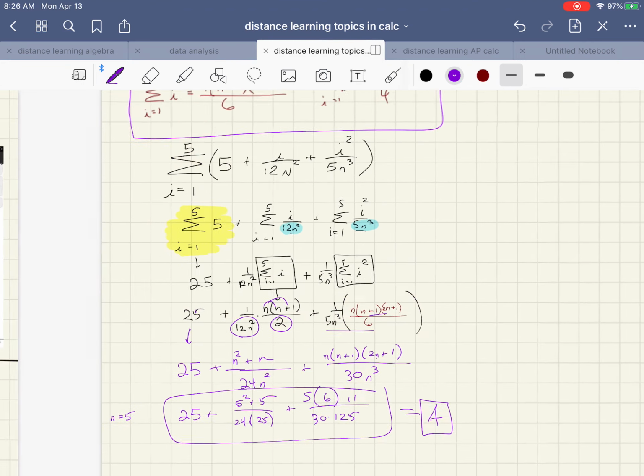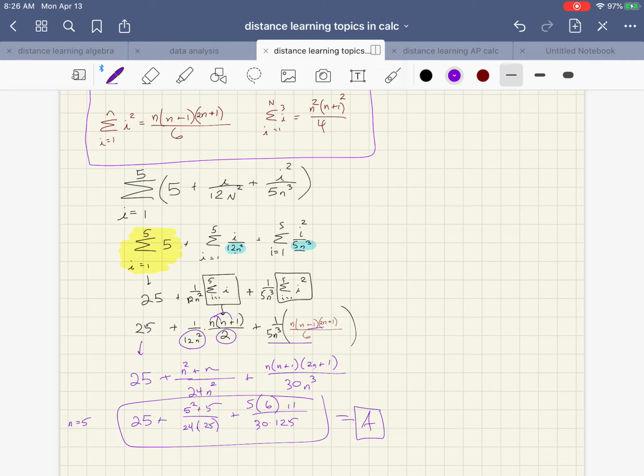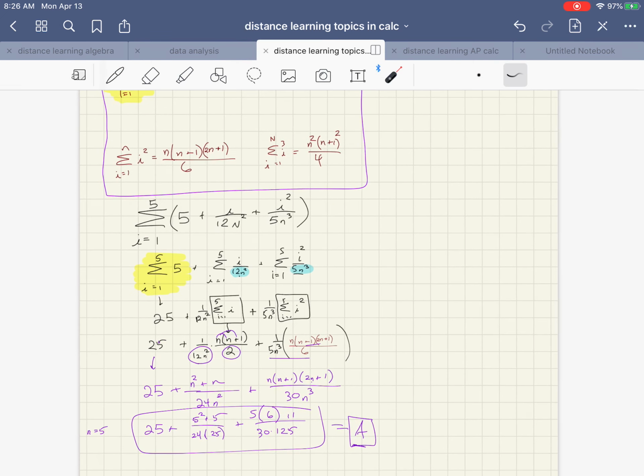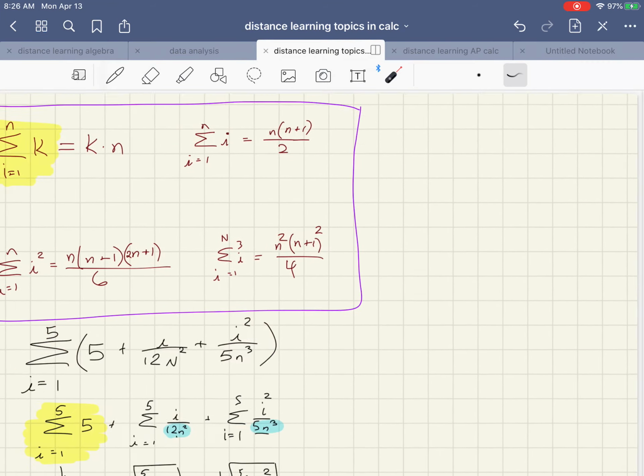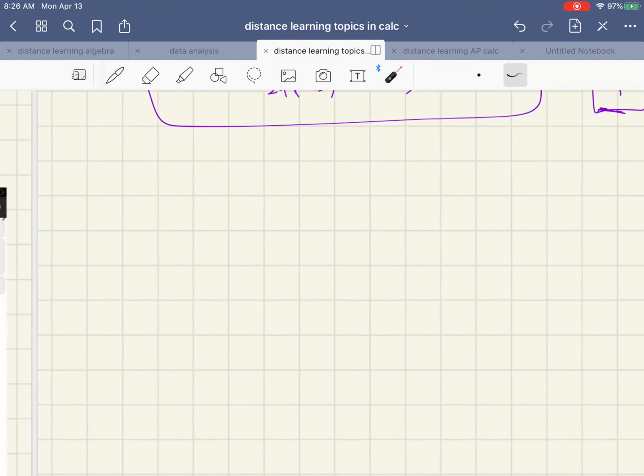If I calculate all of that, I will get the area under a curve, which I don't have, using 5 rectangles. The key to take away from this is this step right here and this step right here. When do we use these formulas and how do we use them?